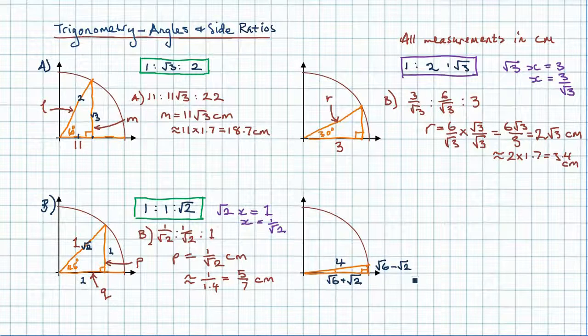So it's a kind of repeat there. But this time we're subtracting. Now, if it's about 2.5 minus 1.4, we've got about 1.1. So you can see this is about 1.1, this is about 3.9. But it's exactly root 6 plus root 2, and this one exactly root 6 minus root 2.